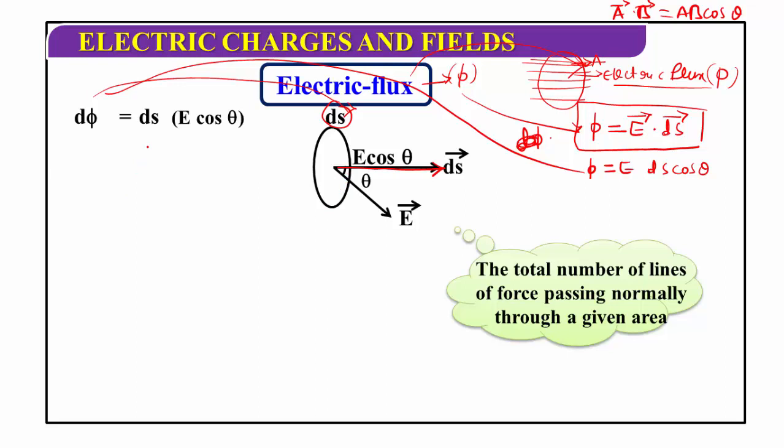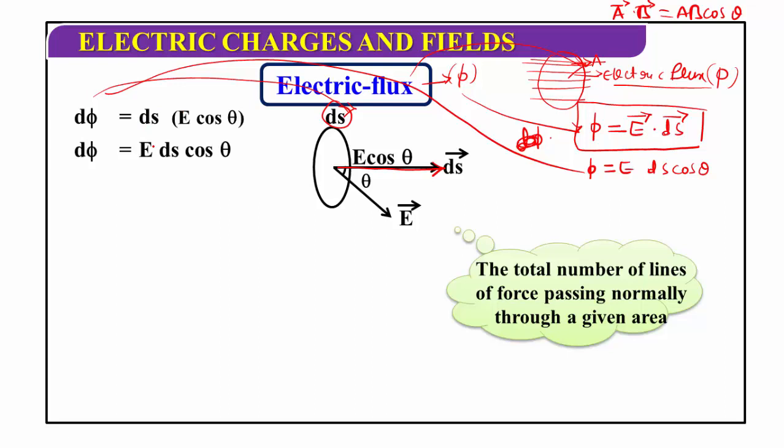Therefore, d phi is equal to E ds cos theta.